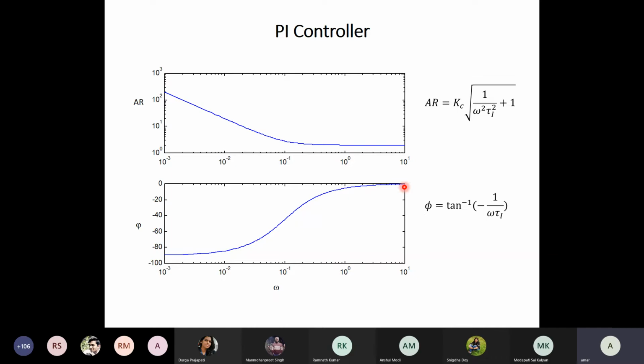So Y is equal to G into GC into Y set point. There is no feedback path; it is basically an open loop path. If I want Y to follow the Y set point, then GC should be equal to 1 by G. That is what this PI controller is doing here. It is getting an inverse of the G so that it can control the process.